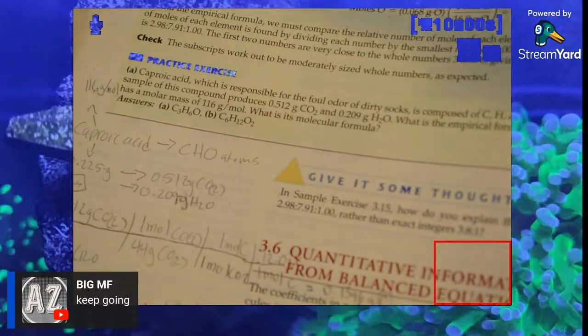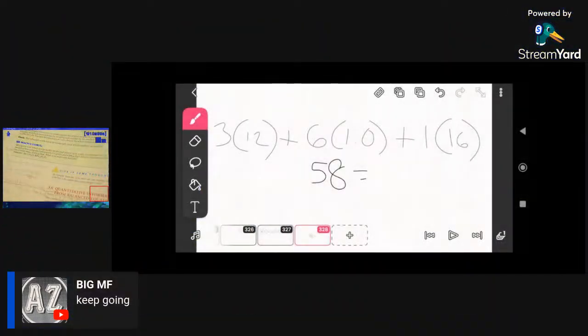So that equals 116 grams per mole, and right here we got 58. So now we have to divide this number by that one. So 116 divided by 58 is equal to what?